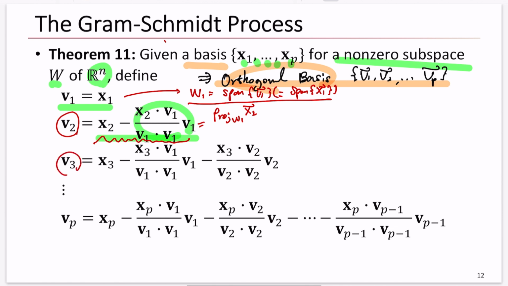For v3, by using v1 and v2, we determine the W2 subspace, spanned by v1 and v2.